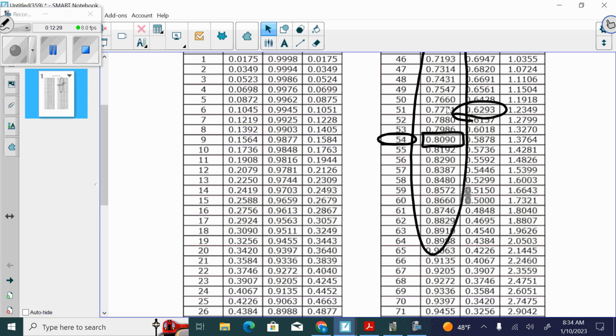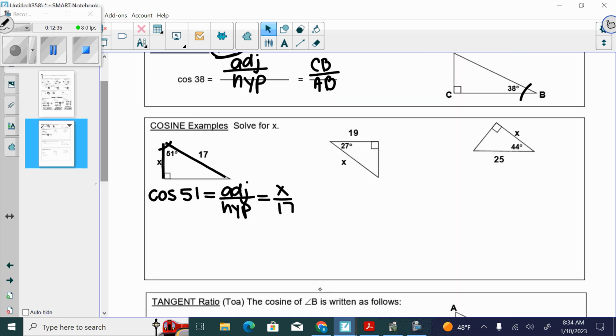So you can go ahead and convert it just like we were doing on the front page. You also, if you are preferring to type in your calculator, can leave it as cosine of 51 is equal to that x over 17. And what am I going to do to solve for x here?